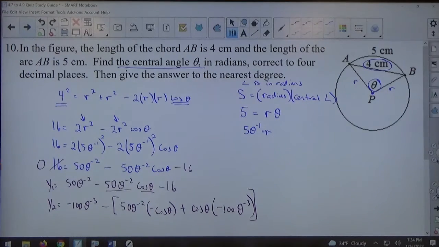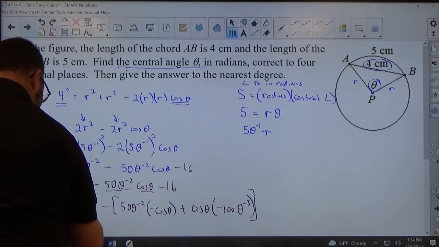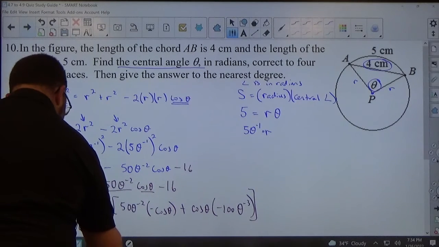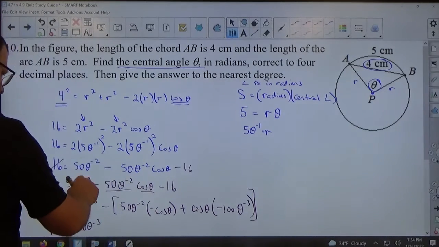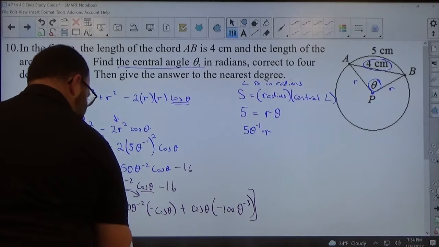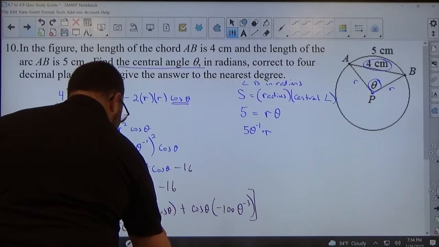So then I just distribute that minus sign through. So the simplified version of y2, which is f of x prime, is negative 100 theta to the negative third. Minus times this, two negatives make a positive, so it's going to be plus 50 theta to the negative second cosine of theta.